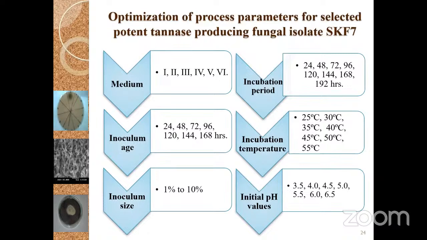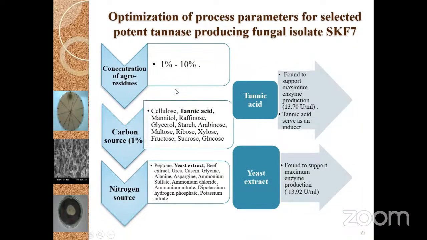Then for SKF7, we used 6 different media. Then the concentration of agro residues varied from 1% to 10%. Then for the chemical parameters like carbon source and nitrogen source, we tried different carbon sources for enhanced enzyme production.